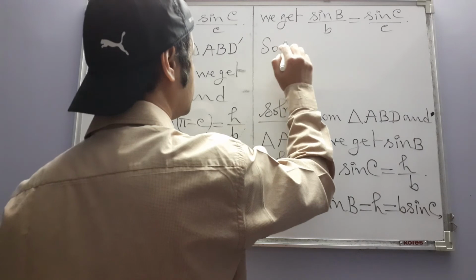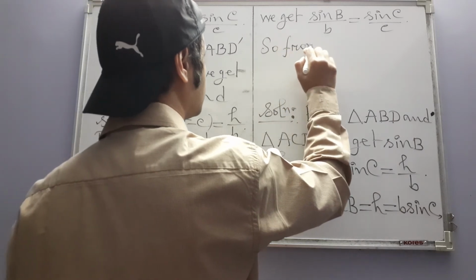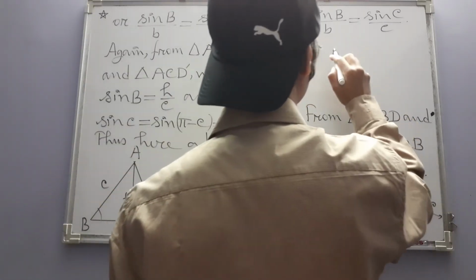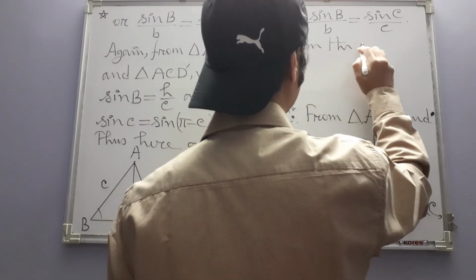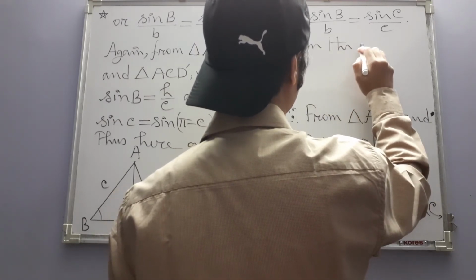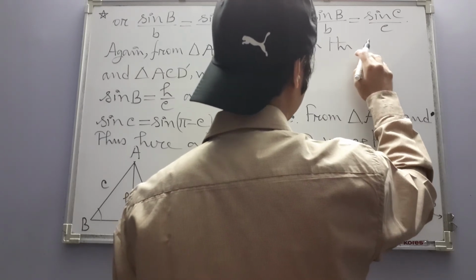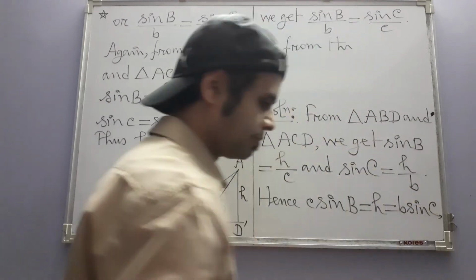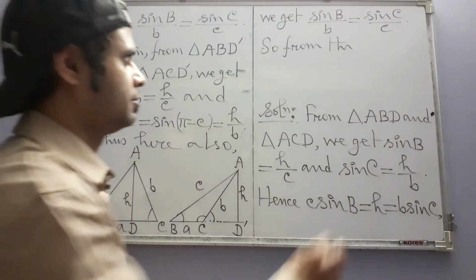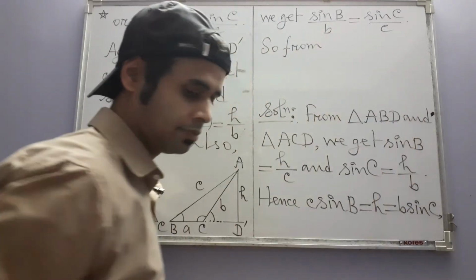So from, should I write generality of the situation or from symmetry? I can write symmetry, and in fact that's what I have to explain to you.